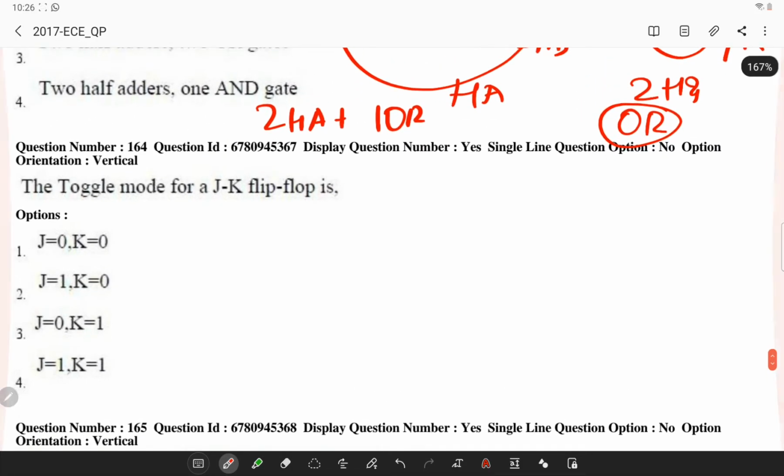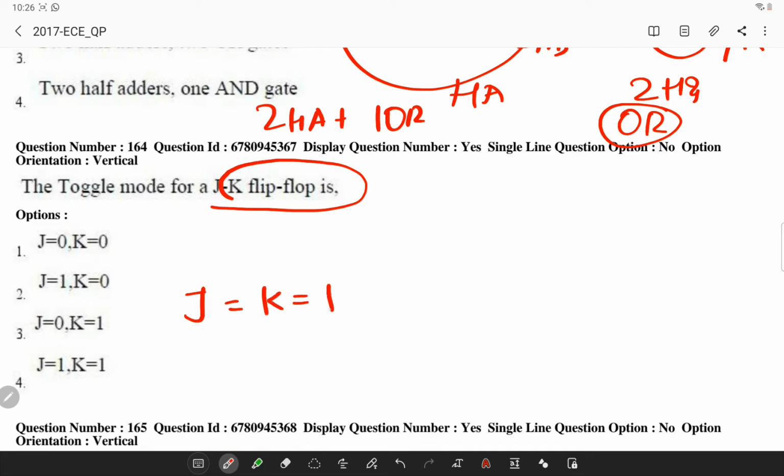Next, the toggle mode of a JK flip flop is, so if you observe, when J is equal to K is equal to 1, irrespective of your current state, if the Q is 0 or if the Q is 1, still your Q will be toggling: Q bar will be 1 in one case and Q bar in this case will be 0.